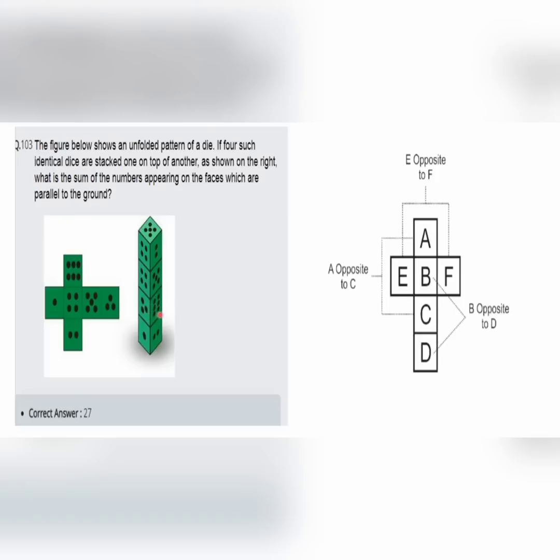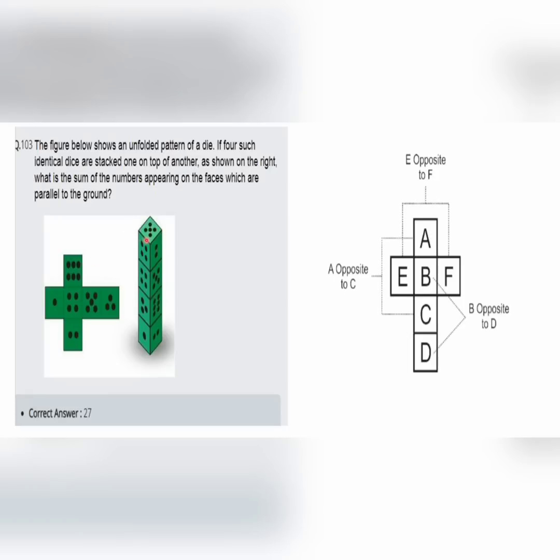Here 3 and 6 are given. Opposite of 3 there will be 4, opposite of 6 there will be 2. So the remaining are 1 and 5, which will be at the bottom and top. Then coming to the next cube, here there is 4 and 5. 4 will be opposite to 3 and 5 will be opposite to 1, so the remaining are 2 and 6, at the bottom and top of that cube.